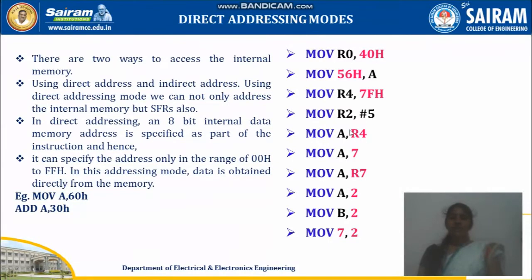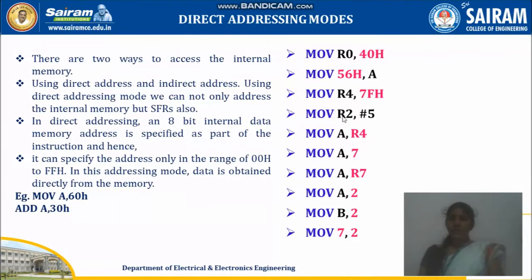What type of addressing is this? MOV R2, #5. The hash 5 means it is immediate addressing; the content of R2 will be 5. Now MOV A, 2. After this instruction executes, R2 is referenced, so whatever data is inside R2 will be moved to the accumulator.